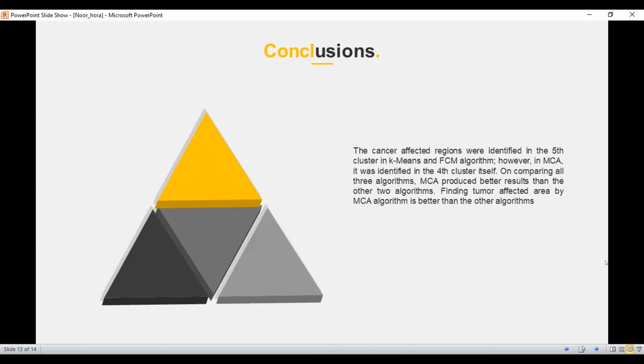Conclusion: the cancer-affected region is identified in the 5th clustering in the K-means and FCM algorithms. However, in MCA, it was identified in the 4th clustering itself. When comparing all 3 algorithms, MCA provides better results than the other 2 algorithms. Finding the tumor-affected area by the MCA algorithm is better than the other algorithms.